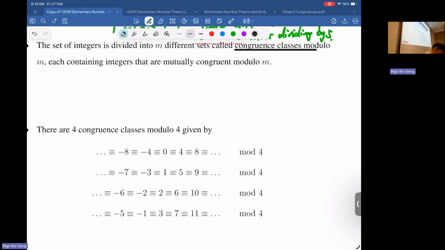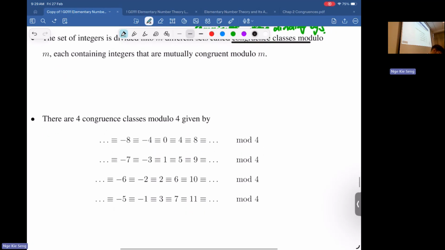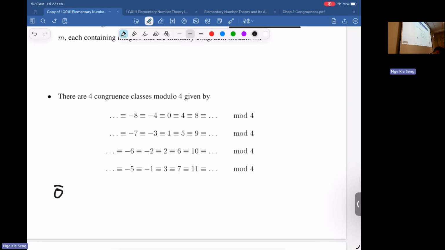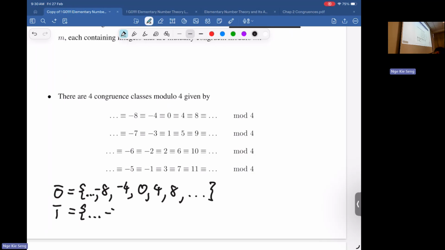Sometimes we will write it like this. There's one very useful notation here: we write 0 bar, and 0 bar equals the set 0, 4, 8, and so on. Maybe some of you have seen this notation before in discrete math. Otherwise, this is a very handy notation to use.